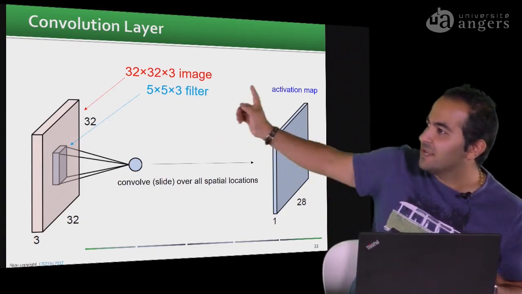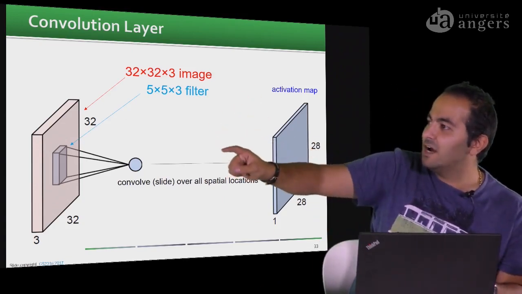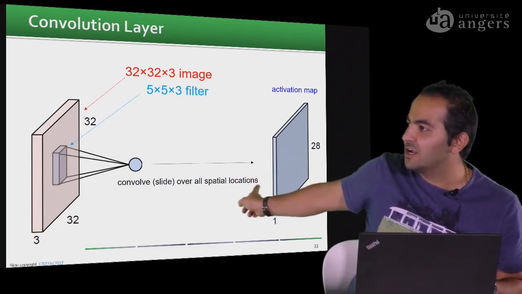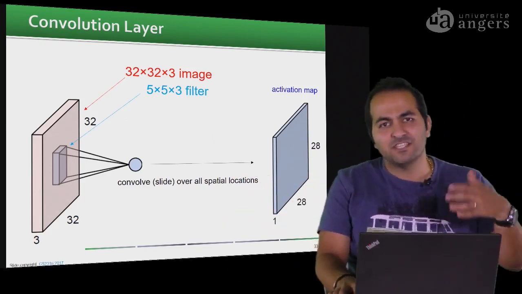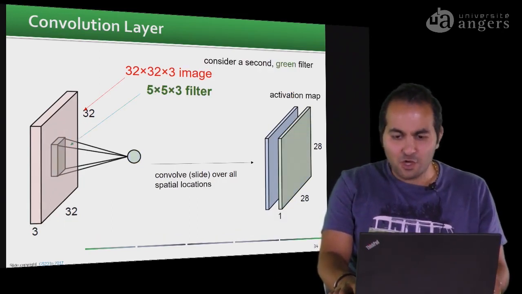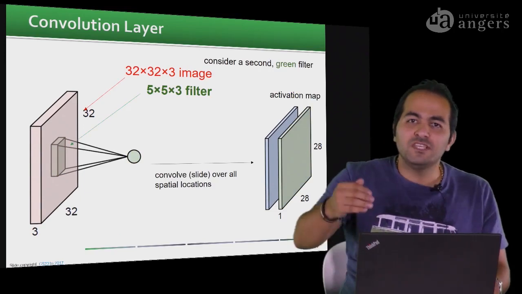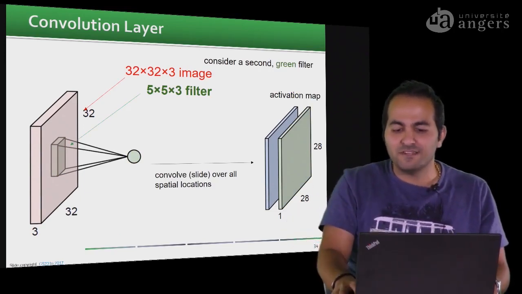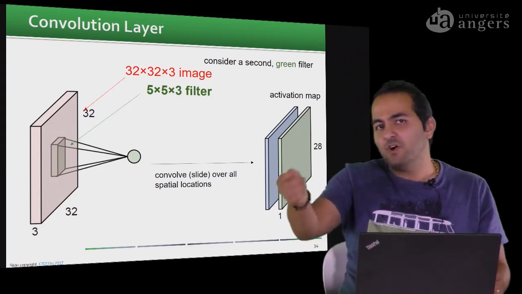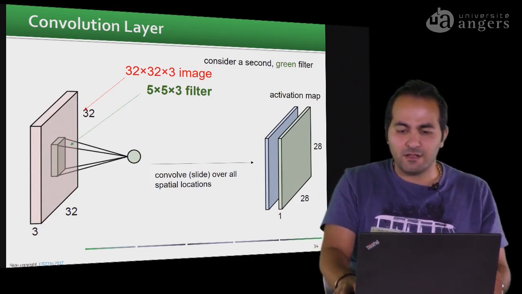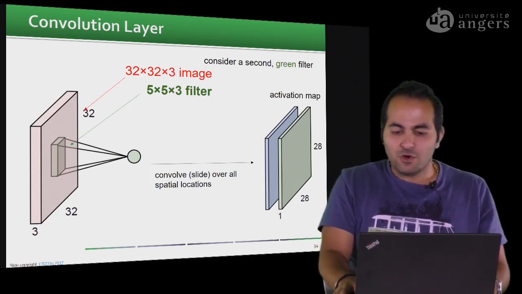After applying this filter on the image, you can see we have a convolved image, or we can call it an activation map after convolution. If we do this a second time with another filter, we generate one more activation map, or convolved image.